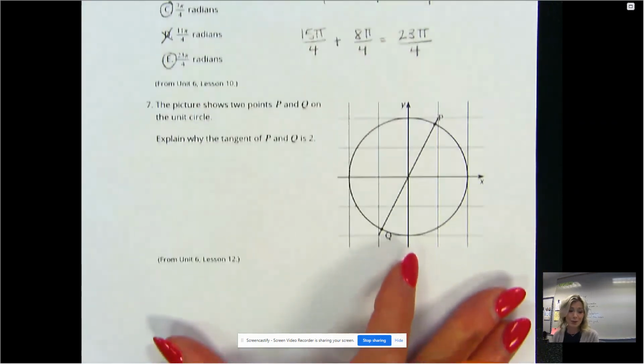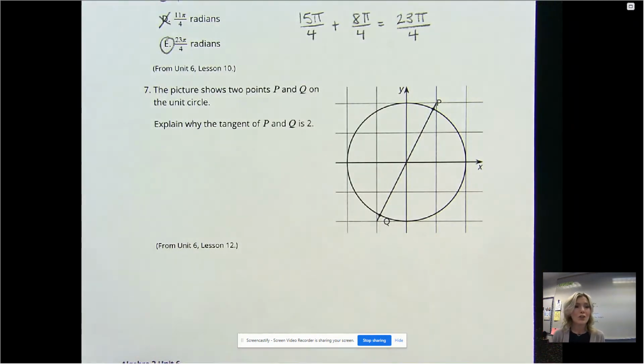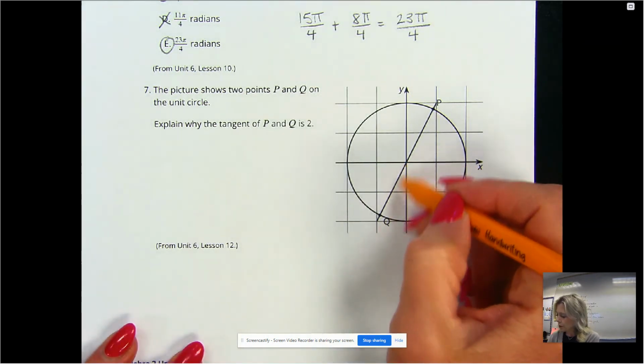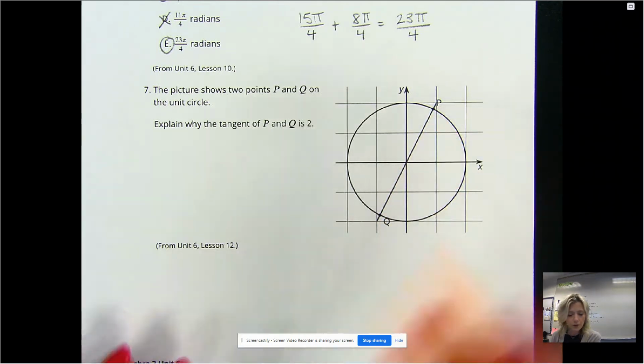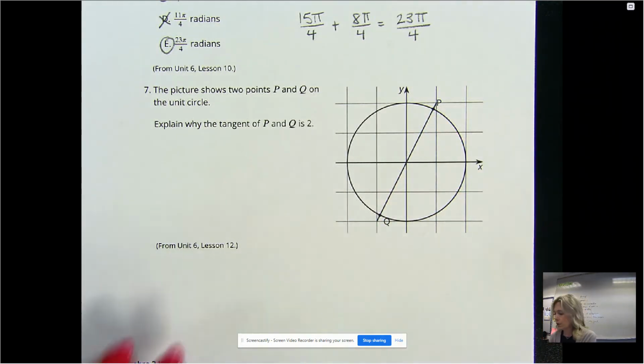Okay, finally, number 7. The picture shows 2 points P and Q on the unit circle. Explain why the tangent of P and Q is equal to 2. Okay, so there's this line that goes through the origin, and then it also goes through P and Q, and the slope of this line is 2.